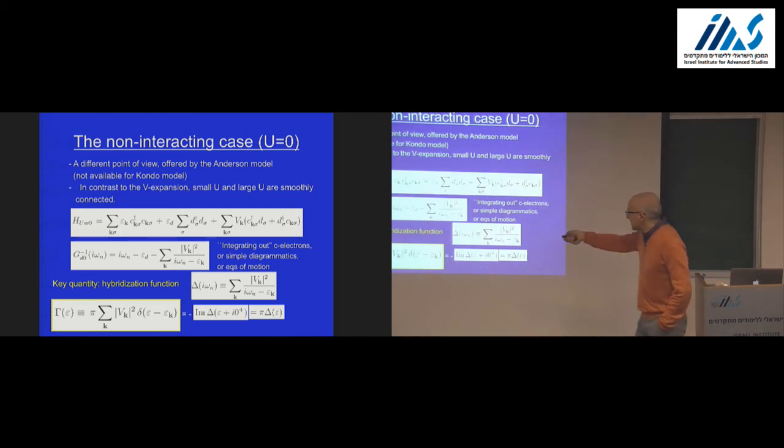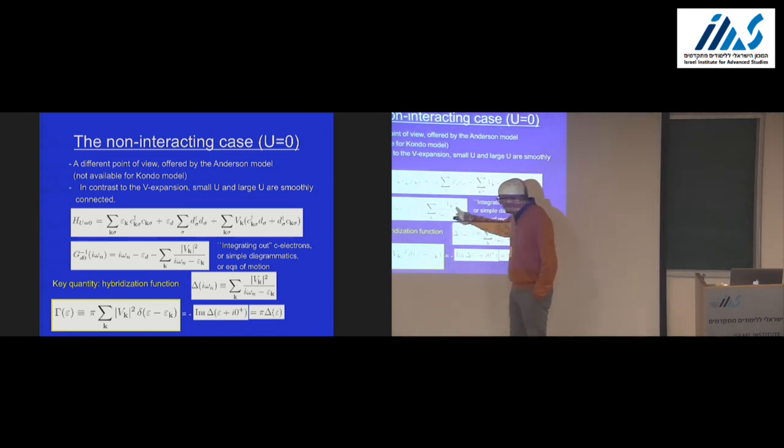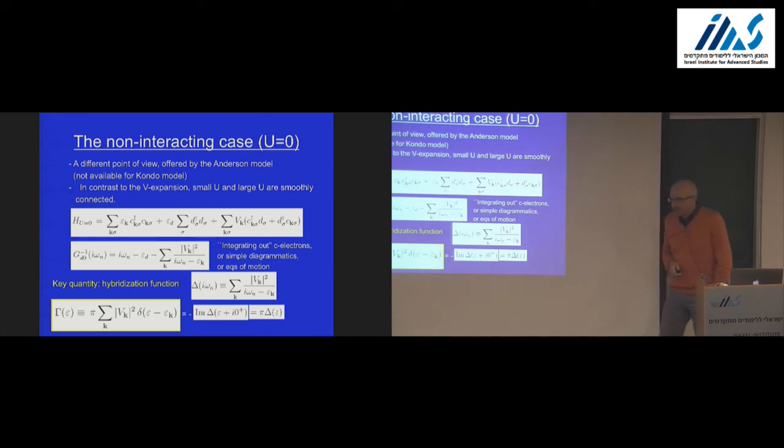And this is written here. So those of you who like functional integration will recognize that this expression just comes from integrating out the C states from just a Gaussian integration, and you'll immediately get the result that you get the square of the linear coupling to the environment multiplied by the Green's function of the reservoir, which is 1 over i omega n minus epsilon k.